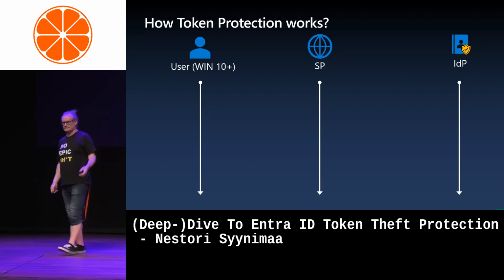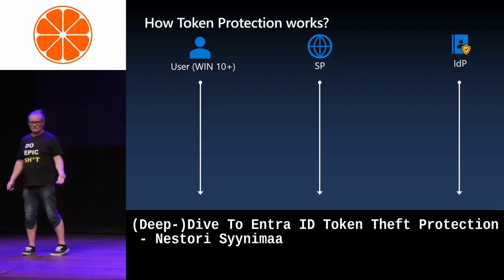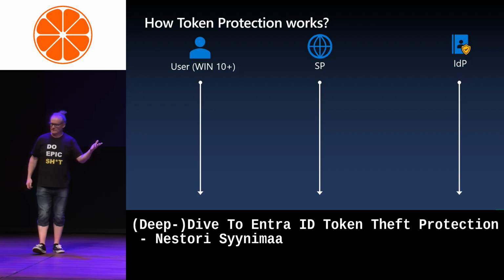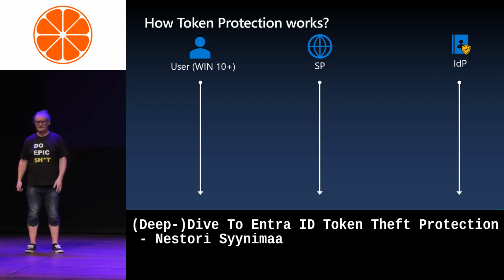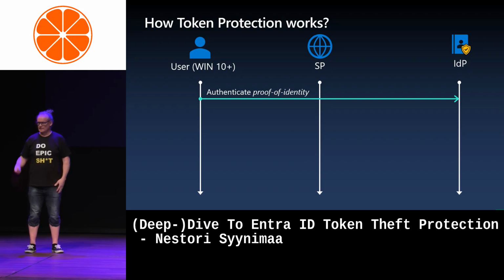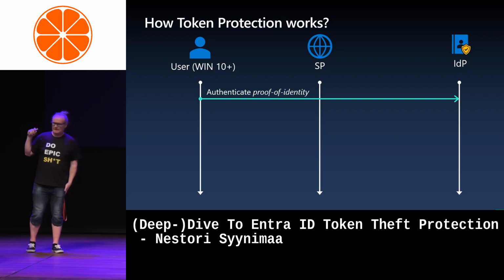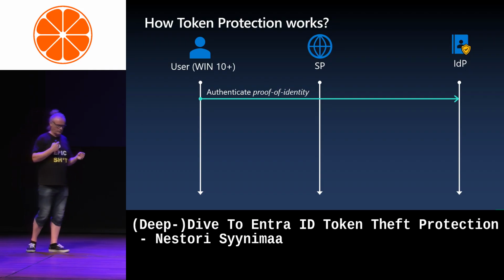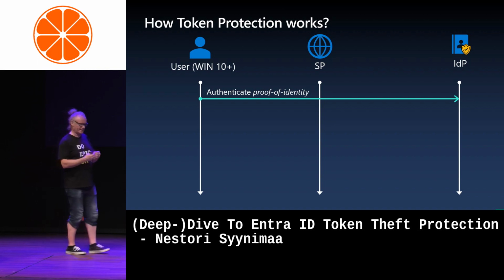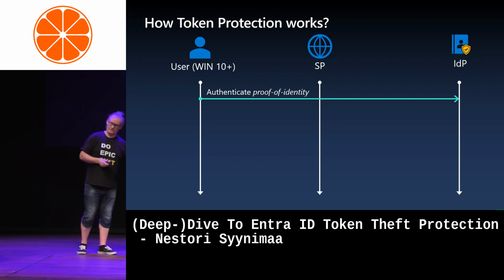So how does this work? You have a user who is using Windows 10 or whatever other device that is supported. And by the way, Windows Server 2019 and newer are also supported, so it's a good thing to know. Okay, I go to Entra, and when token protection is used, the request to Entra is a little bit different than normally.